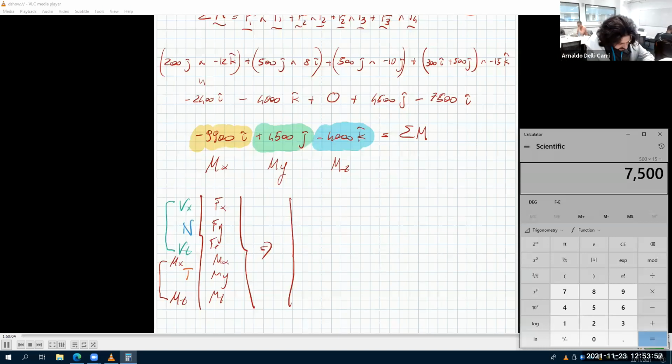So Vx gives tau yx. This gives sigma y. This gives tau yz. Mx gives sigma y. Mz gives sigma y. And T gives tau y, who knows? Because it depends on which point you're looking at.